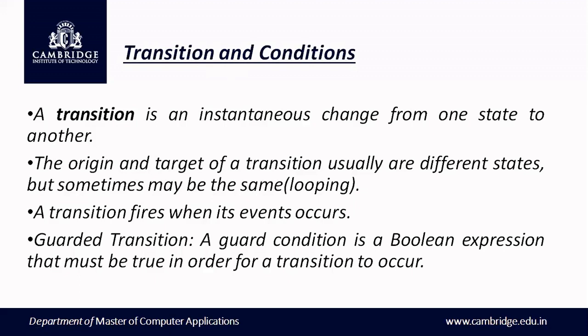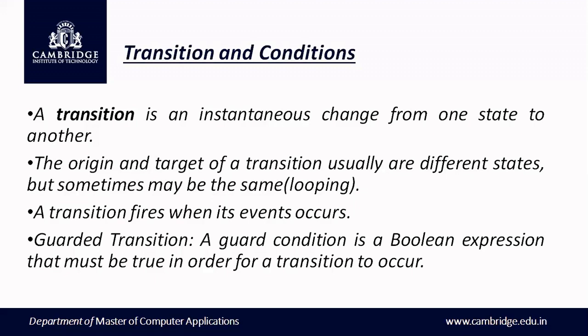So what is a transition here? A transition is an instantaneous change from one state to the other. Whenever an event occurs, the transition, or the change in the state, takes place. So the change in the state is nothing but the transition.